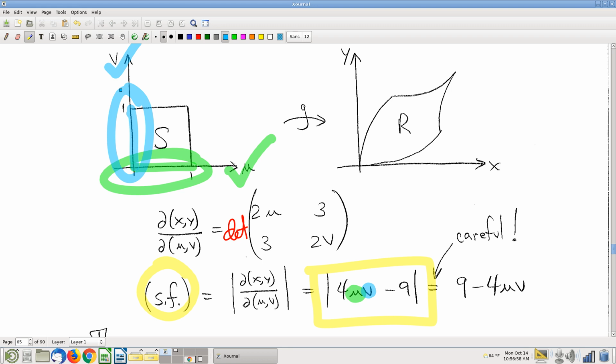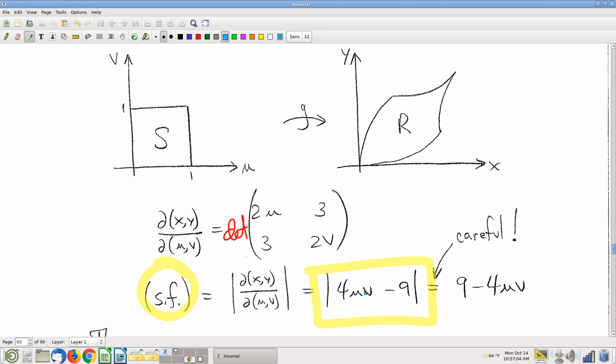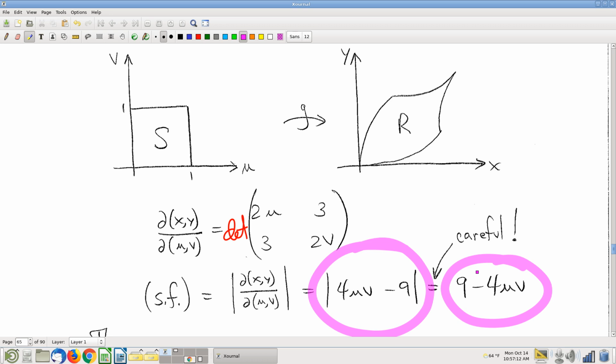So just make sure to deal with it. And as you all know, of course, the absolute value of a number that's always negative is its negative. Think that through.